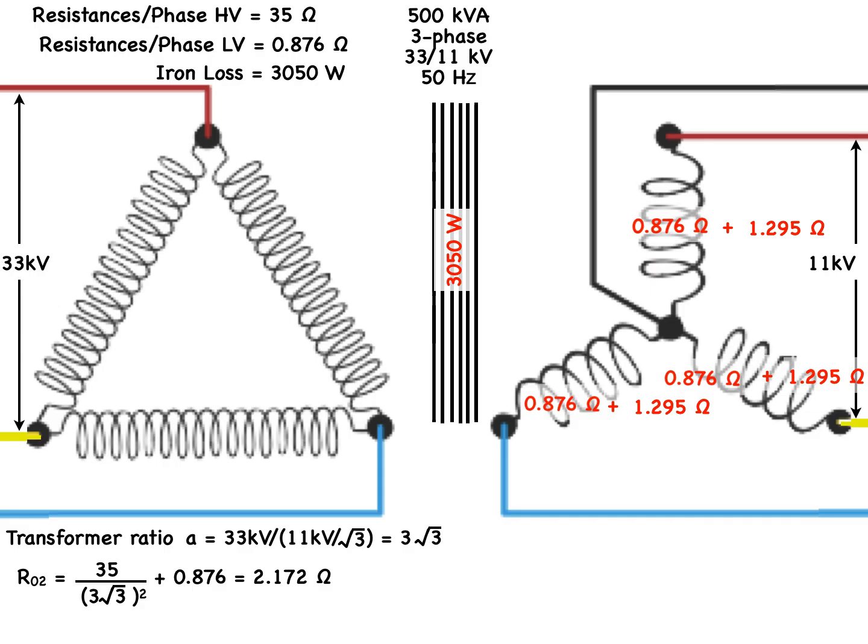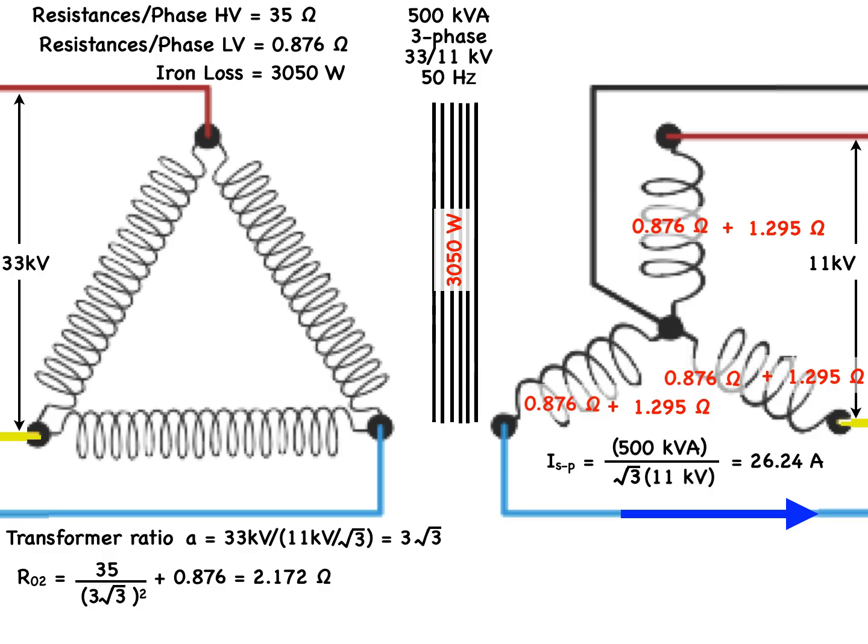2.172 ohms. The secondary phase current is equal to the transformer kVA divided by the per phase secondary voltage. Plugging in our actual values, we get 500,000 divided by root 3 times 11,000, which works out to 26.24 amps.